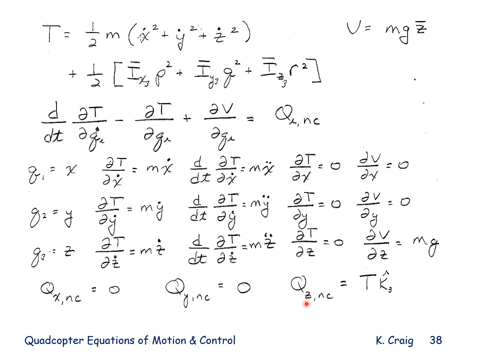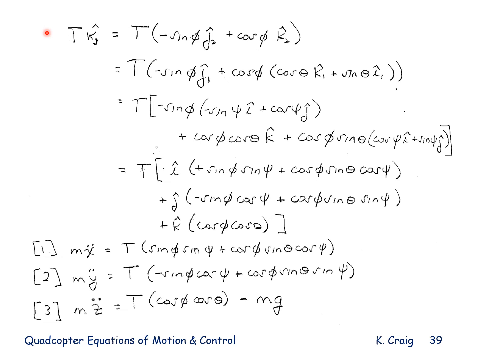But the generalized non-conservative force for the z generalized coordinate is equal to the thrust, and the thrust is in the K3 hat direction, which is the z direction in the body fixed reference frame. Here is the thrust vector, and the thrust vector is in the K3 hat direction, which is the z direction in the body fixed reference frame.